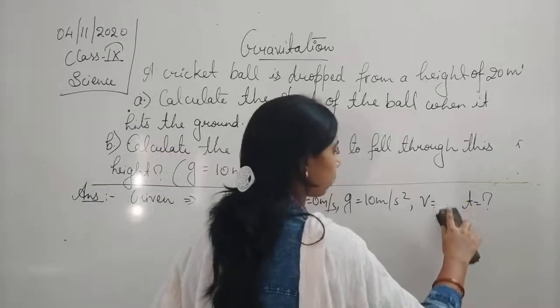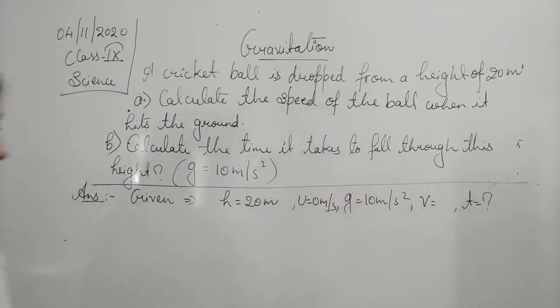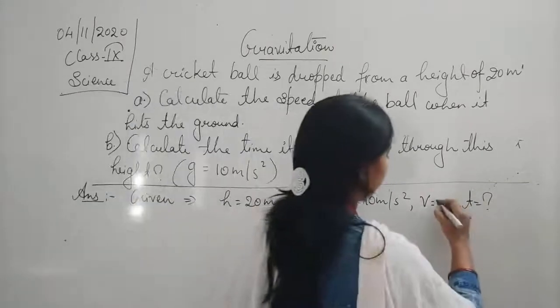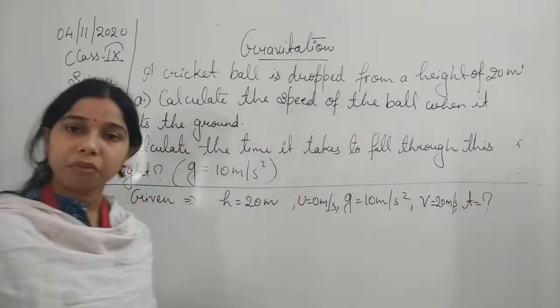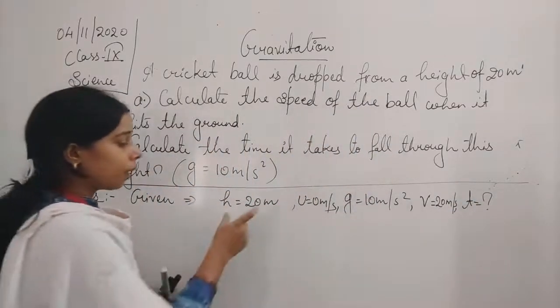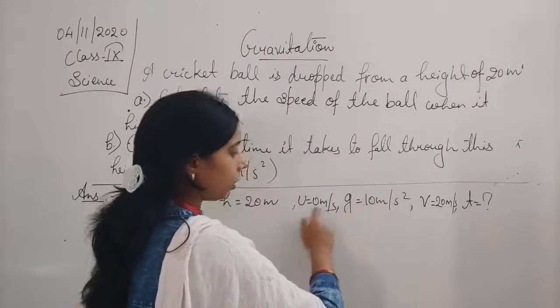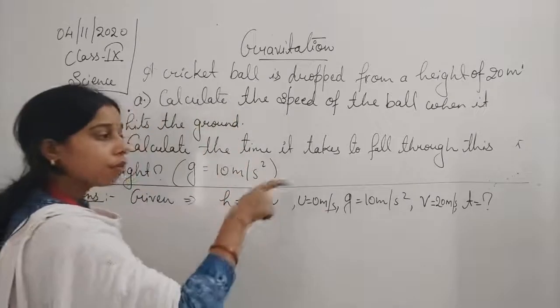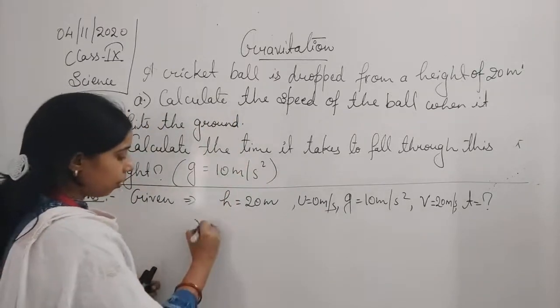So you see, students, the value of the final velocity that came here is 20 meter per second. This is the value of v. Now g we know, u we know, and v we also know. So which formula will we use to find t?